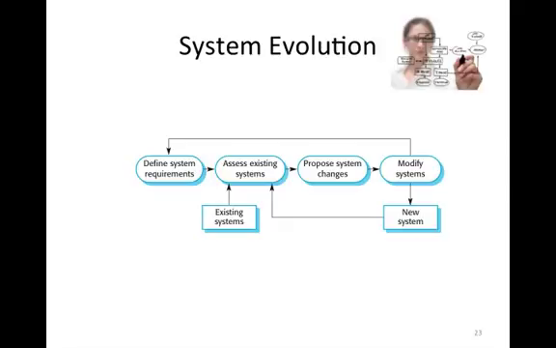And just like a new system development process, the first image that we saw in this presentation today, our little waterfall methodology, we have methodologies for systems evolution and changes as well. We have existing systems that when they need to change, we have new system requirements. We assess the systems, we propose changes, we modify systems, and we basically get a new system. You can call that a new system.